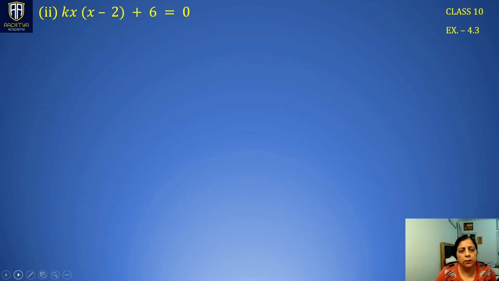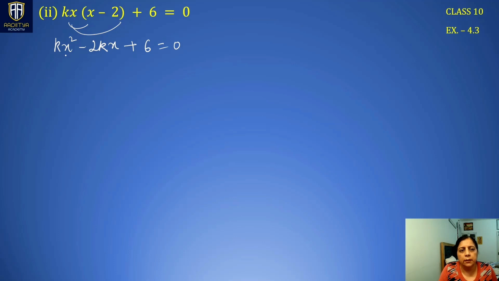In the next question, this is the equation, but this is not in the standard form. So before trying to apply the formula for discriminant, you have to simplify it to the standard equation. This becomes kx square minus 2kx plus 6 is equal to 0.